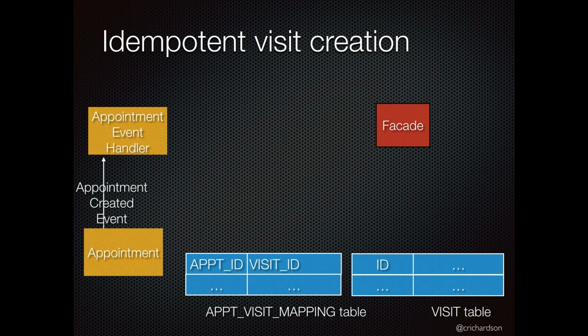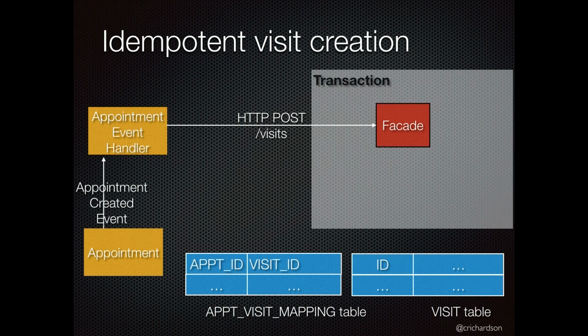So when an appointment is created, an appointment created event is published, that gets processed by the appointment event handler that makes an HTTP request to the facade, saying, go create the corresponding visit. When the facade receives the HTTP request, it begins a transaction.